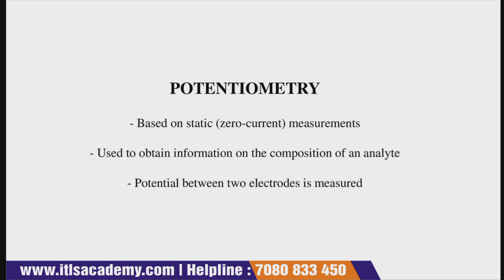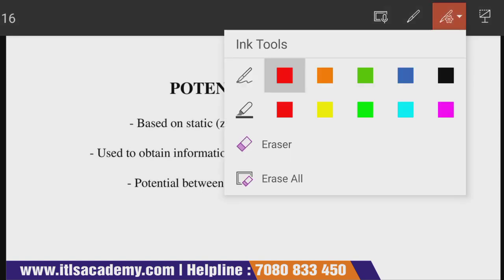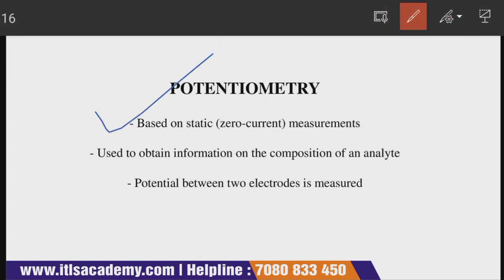So now let us understand what potentiometry actually is. Potentiometry is based on zero current measurement, which means it is a static measurement. Since it is based on zero current measurement, it is known as a static technique.